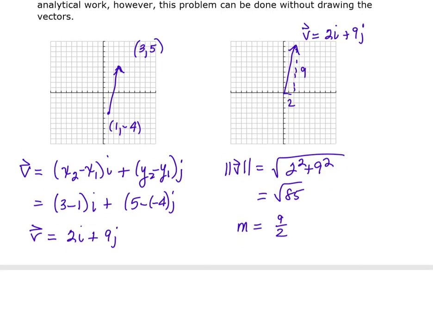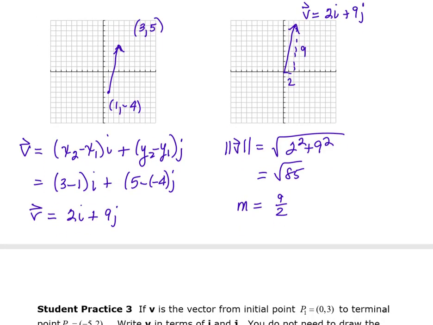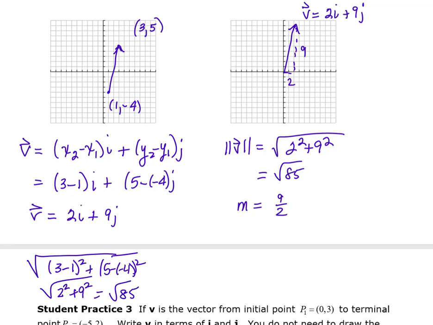Let's check the magnitude on our original vector and the slope on the original vector. So the magnitude: 3 minus 1 squared plus 5 minus a negative 4 squared. It's going to be the square root of 2 squared plus 9 squared, which would be the square root of 85.